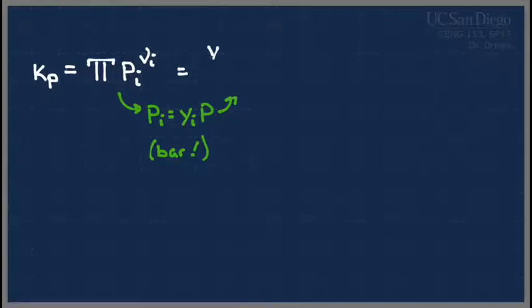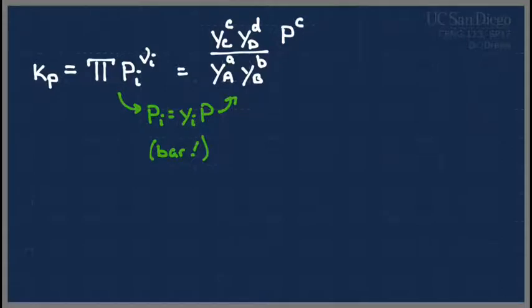What we have then is the mole fraction of C raised to the C power, D raised to the D power, A raised to the A, and B to the B. All of that times pressure raised to D, pressure raised to C, pressure raised to A, and pressure raised to B.